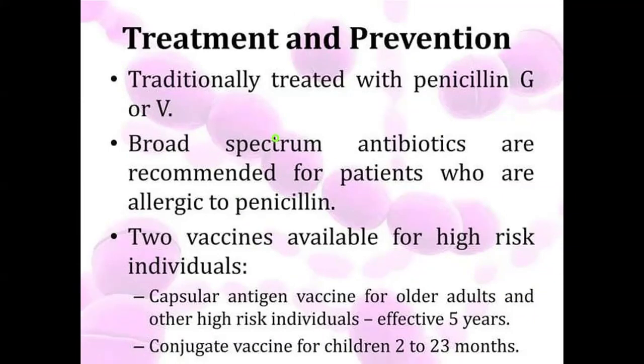Some patients have had a splenectomy, meaning the spleen has been removed for one reason or another. You won't be able to clear this bacteria, so we have to give you these vaccines.